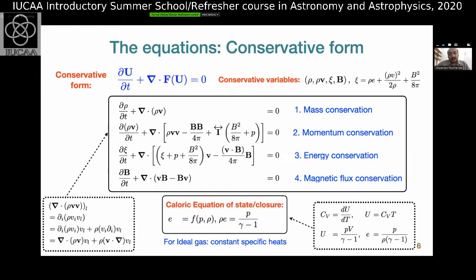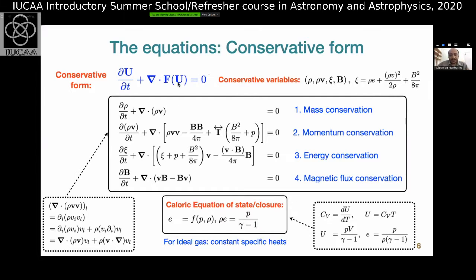In the conservative form, we can recast the fluid equations in a form where there is a rate of change in time plus a divergence of a flux equals zero. Now this, if you remember, directly follows from, or relates to, Gauss's theorem.